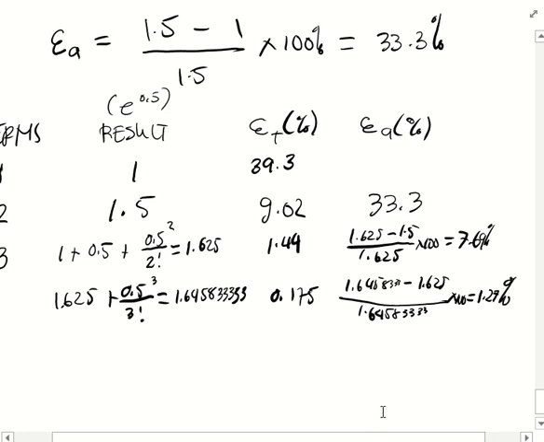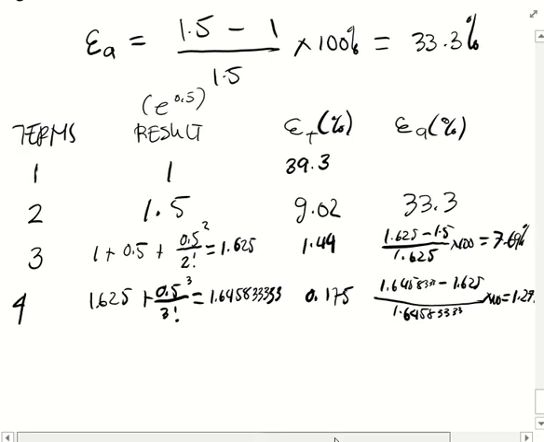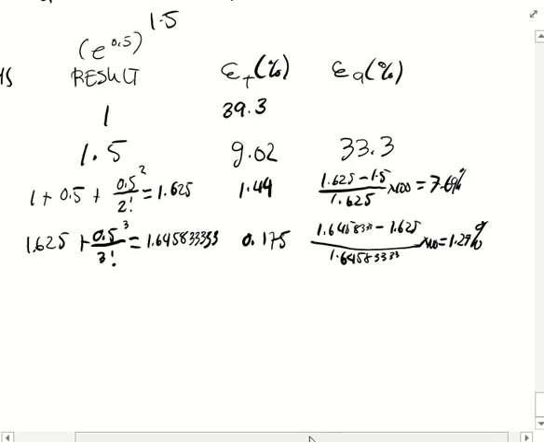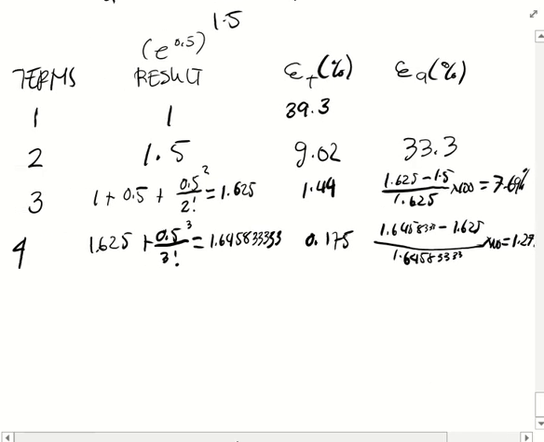So it's still greater than our stopping criterion, which is 0.05. So we still need to add another term, the fifth term.